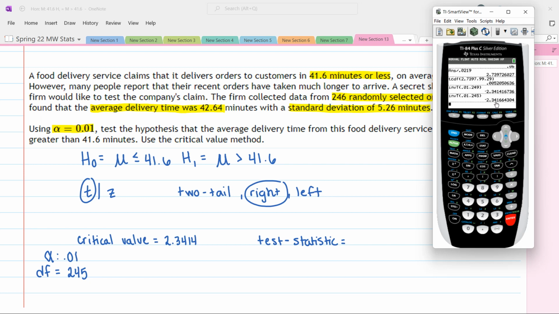Nope. 2.342. 2.342. Let me try that in here. It would still mark it wrong in the homework with using the inverse T on here, which is not nice.